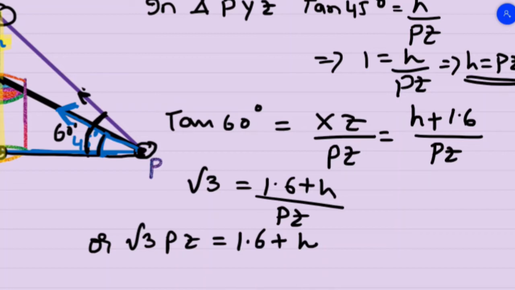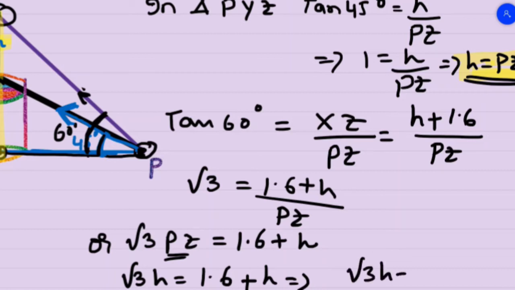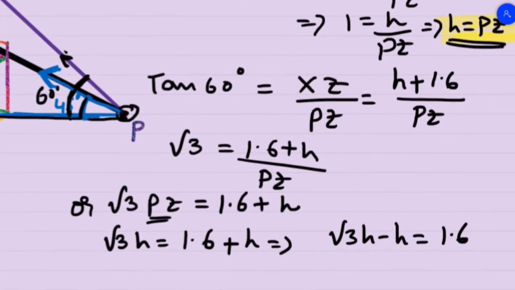So what can you do? You can simply put H in the place of PZ. So here it will become root 3 H equals 1.6 plus H. So root 3 H minus H will give you 1.6.